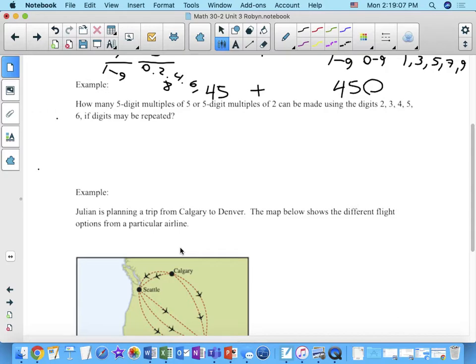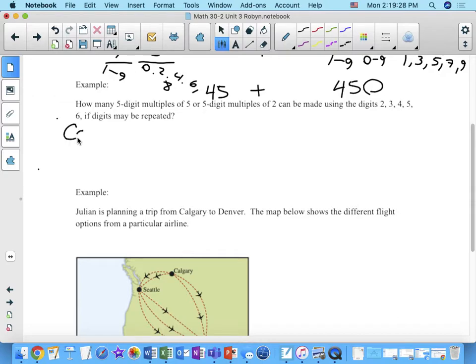Okay, well, what are the 2 cases? Are there 2 cases here? Yeah, okay, what are the 2 cases? Yep. The 5-digit multiple of 5 and the 5-digit multiple of 2. Correct. Multiple of 5, multiple of 2, and they're both 5 digits. Okay, so I'm going to kind of ignore that piece for now.